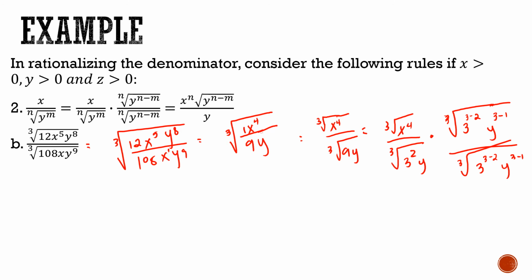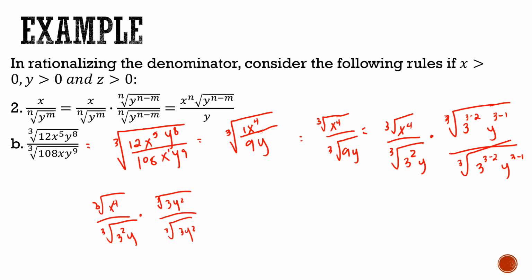So we have the cube root of x to the 4th over the cube root of 3 squared y times the cube root of, so we have 3y squared. So we subtract: 3 minus 2 is 1, 3 minus 1 is 2. So we have 3y squared.